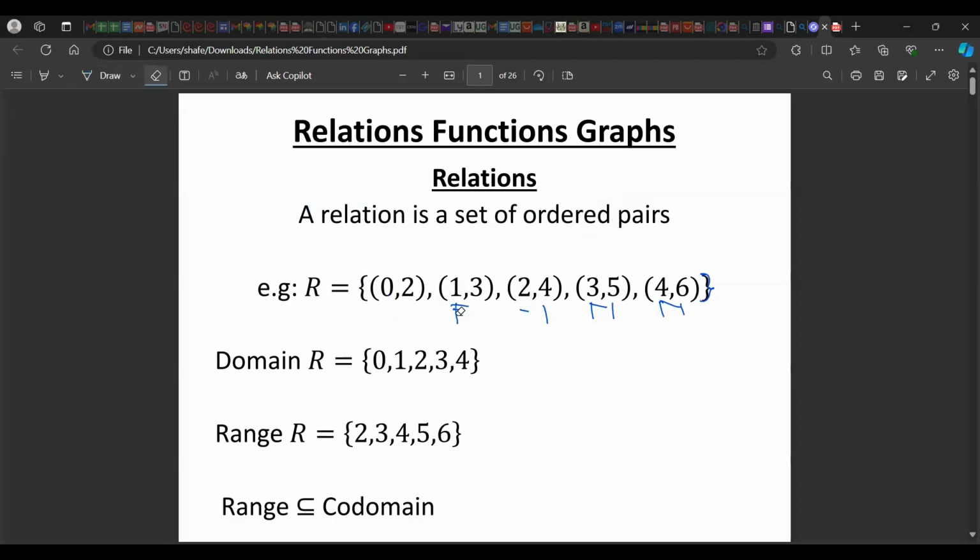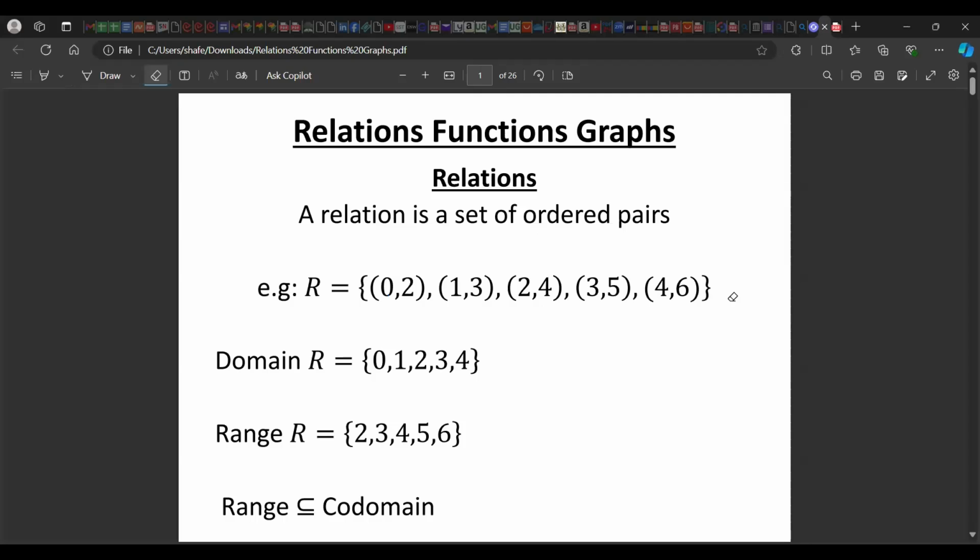We're going to express this set of ordered pairs in different ways in just a moment, but we want to clarify some terminology first.